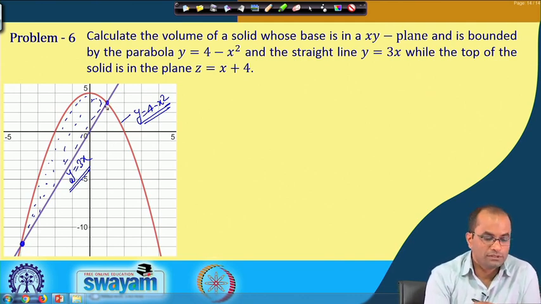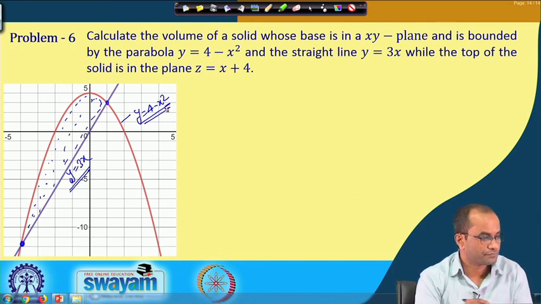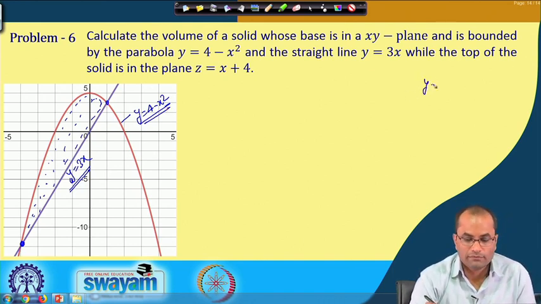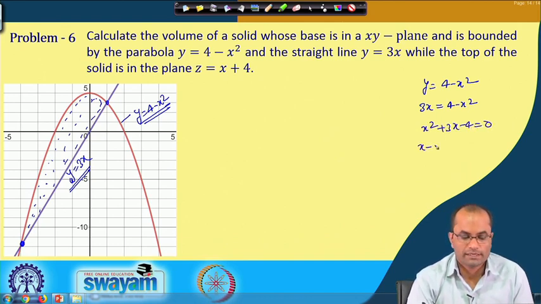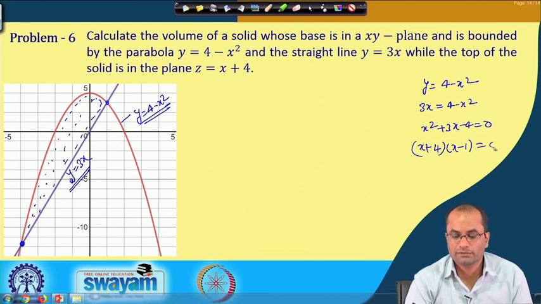On this we need to compute the intersection points. For this we have y is equal to 4 minus x square and y is equal to 3x. So, I will put 3x there, and we have x square plus 3x minus 4 is equal to 0, or x plus 4 and x minus 1 is equal to 0.